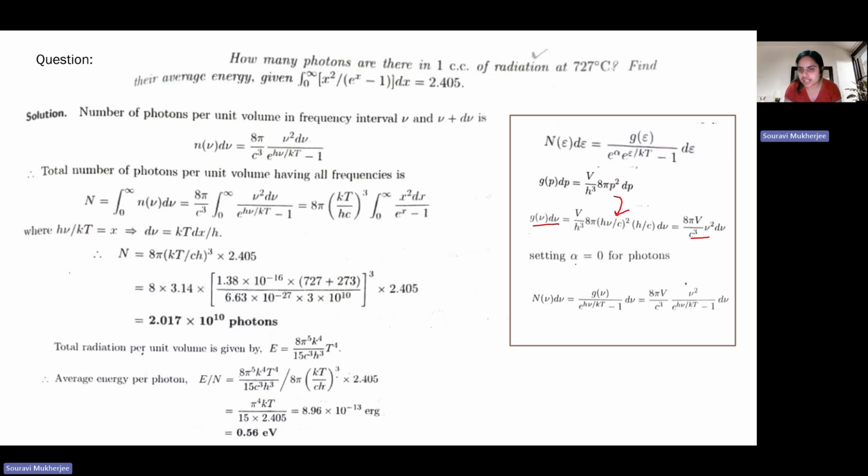Now here, why do you set alpha to 0? You can understand alpha is associated with the fugacity, right? e to the power mu by kT, and now you have written mu by kT as alpha, right? So why do you set it to 0? Because when we are talking about photons, you can absorb a certain number of photons and then release a certain number of photons. The number of photons by itself is not conserved.